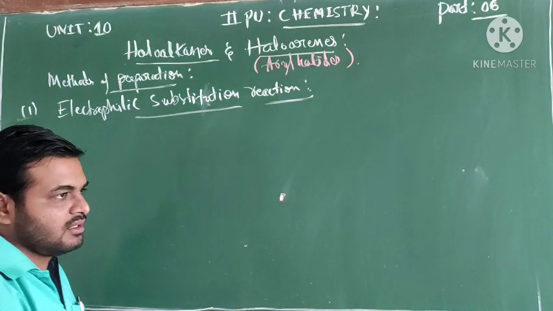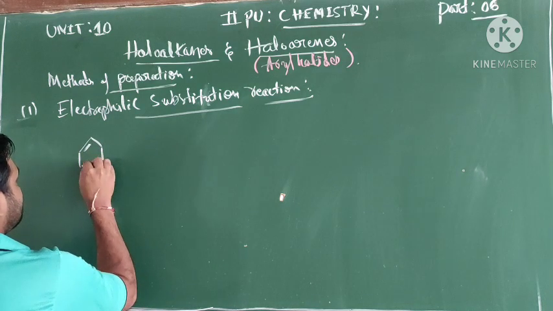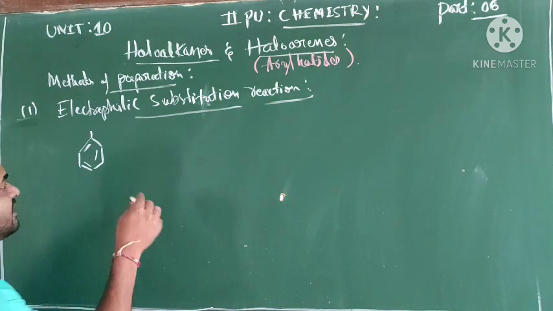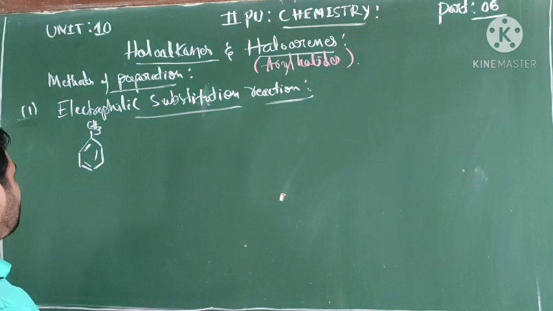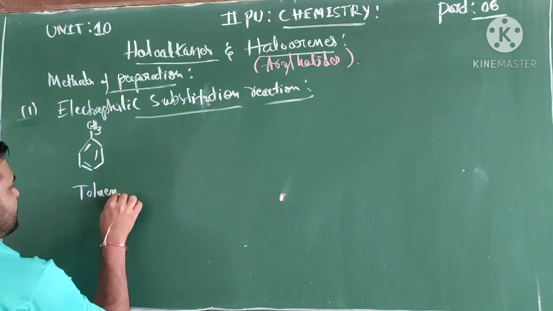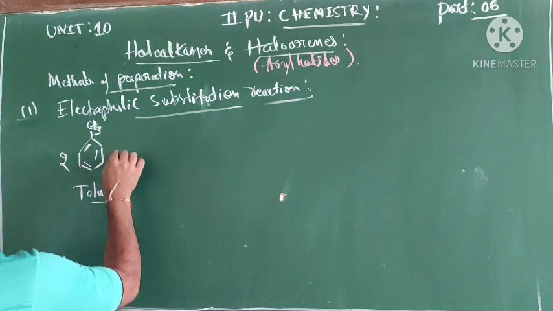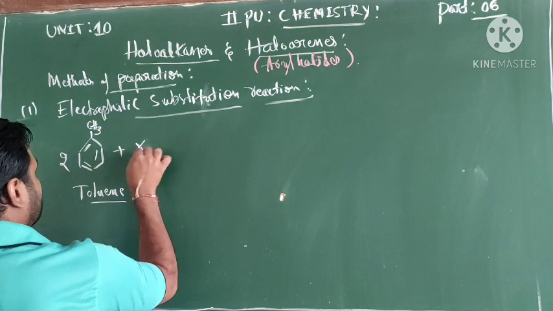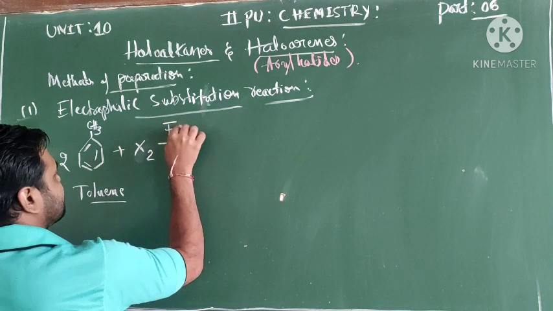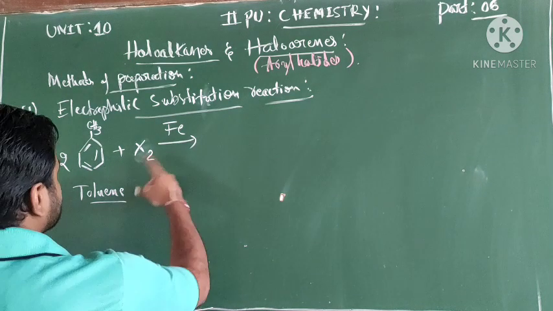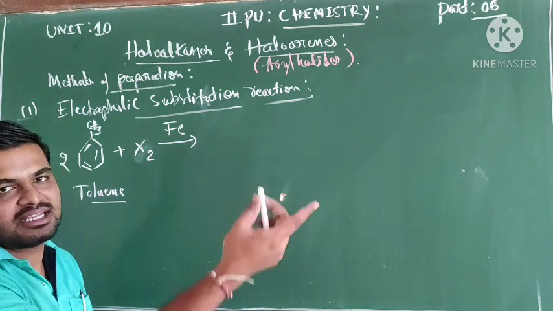We consider one example: the benzene ring directly attached with a CH3 methyl group is called toluene. Toluene reacts with halogen molecules in the presence of iron as catalyst, and we get aryl halides. Aryl halides means a benzene ring bonded to a halogen.